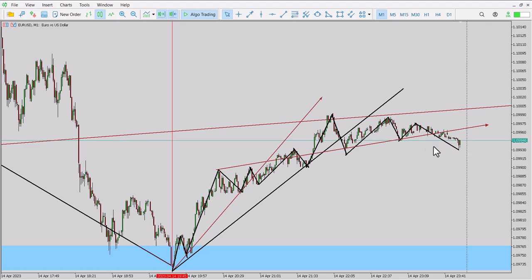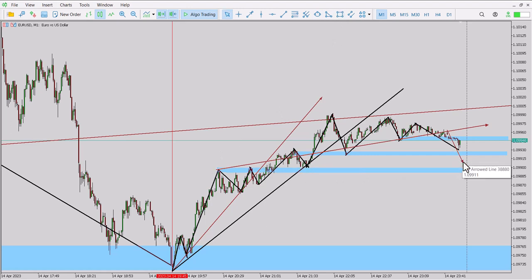The market is down, I have an area of support here. The market should come down, maybe, let's mark another one, to this area, or maybe even lower to this area, which has highs and lows.